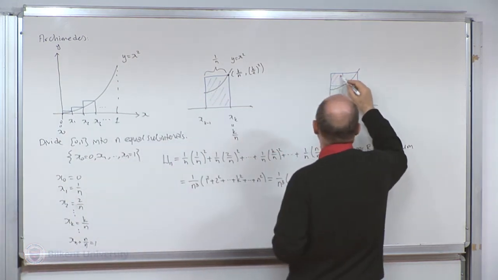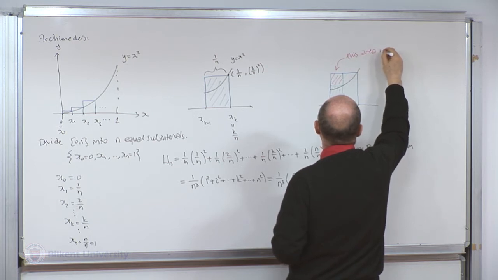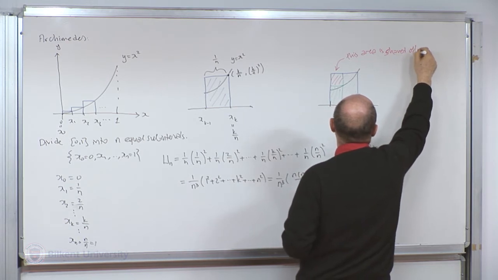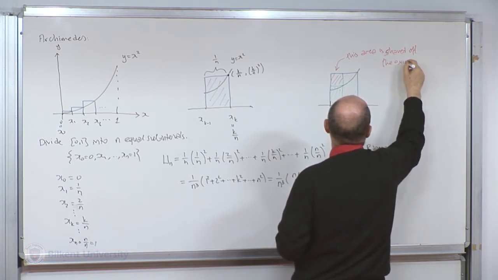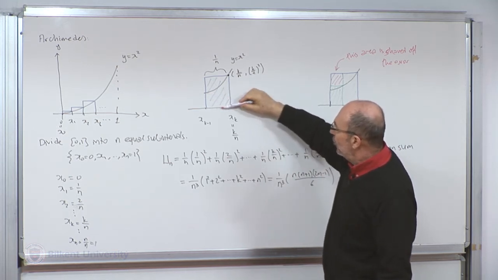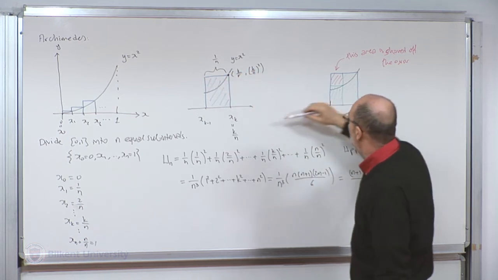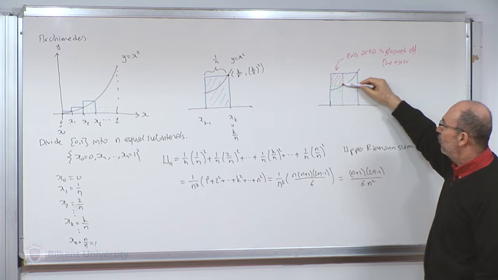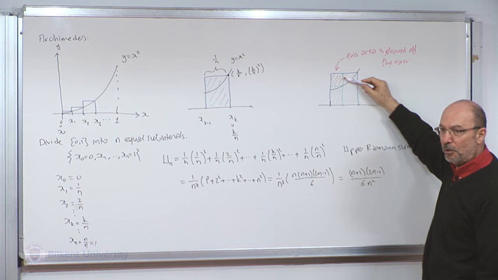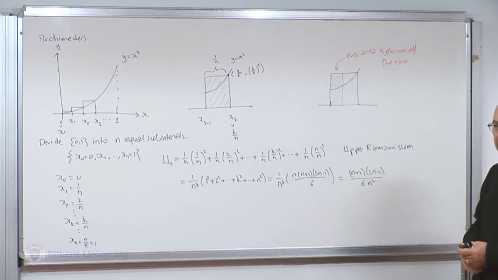This area is shaved off, the error. Here you see the area under the curve is this part, and this upper part is the error. Here you see now I cut off this rectangle from the error. Now my error is these smaller parts only. So by doubling n, I reduce the error.